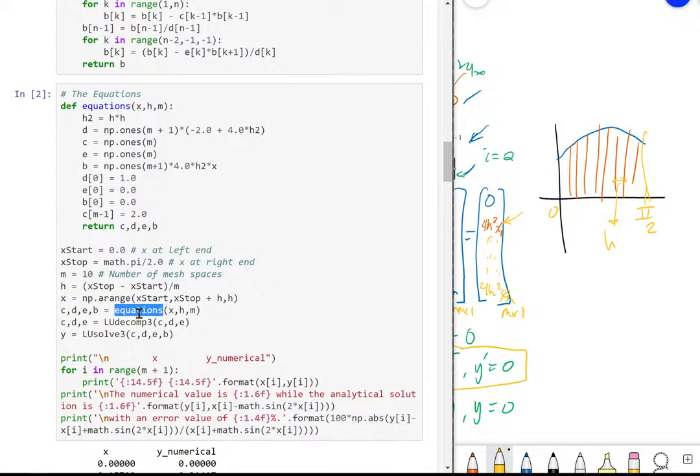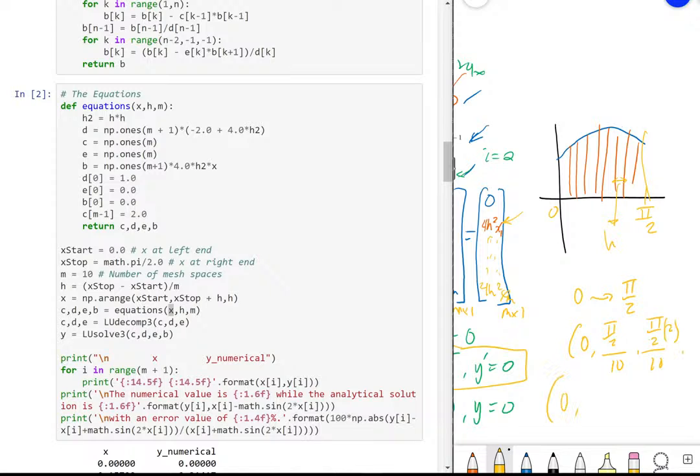And then we write the equations based on the x. Our x here is from 0 to pi over 2, divided by 10. So pi over 2 divided by 10 times 2, something like that. So there are 10, no?